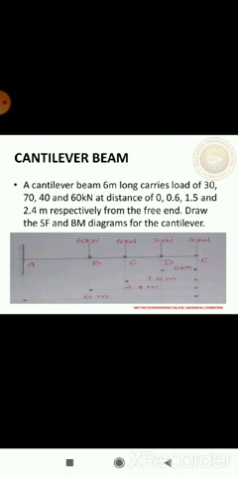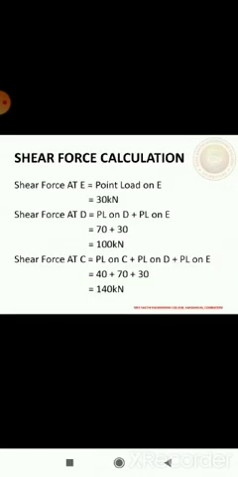Okay, step 1, we have to calculate the shear force. The shear force at point E is the load acting on point E. Here in this diagram we can see that the point load acting on E is 30 kilonewton.